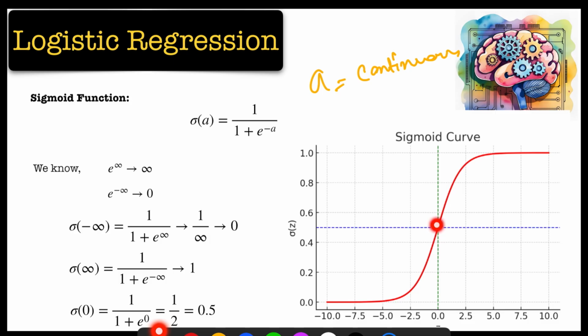So half of this sigmoid curve is below 0.5, half is above 0.5. So 0.5 is the mean value for sigmoid. That's why we can use the sigmoid function to convert any continuous value to a value which is between 0 and 1.